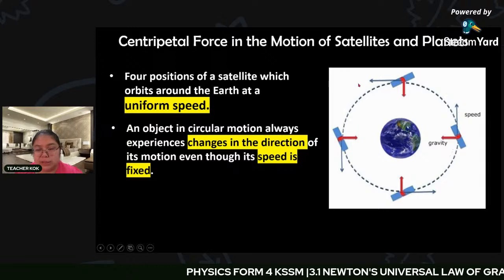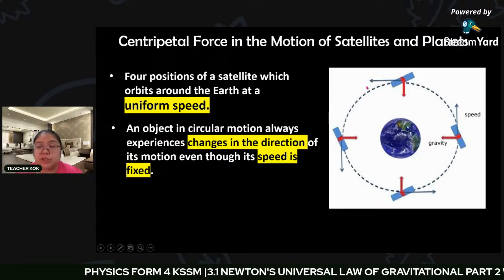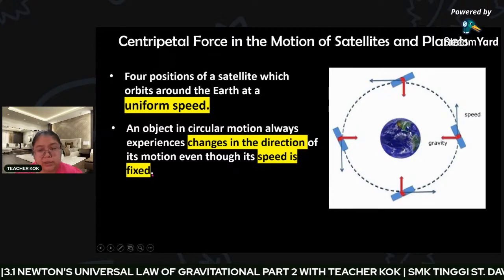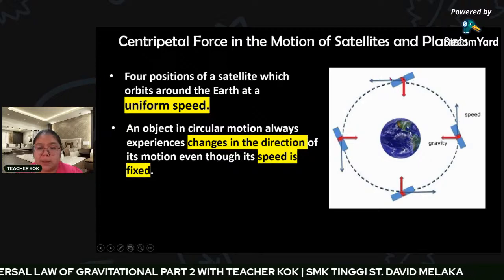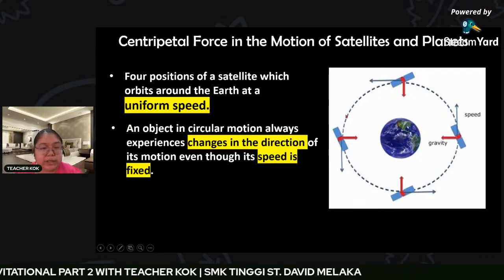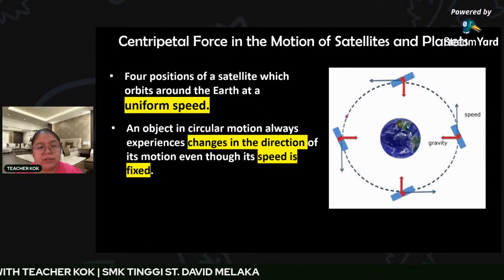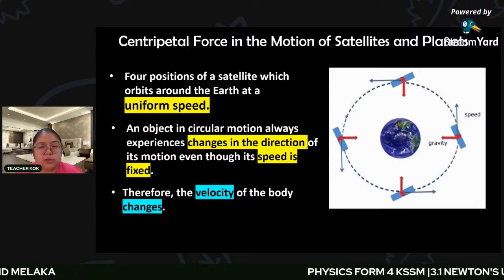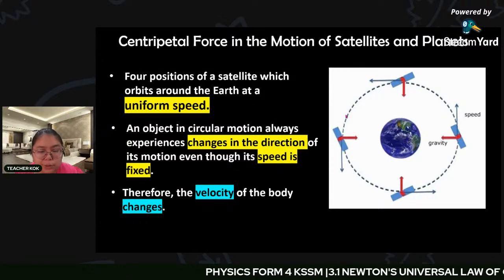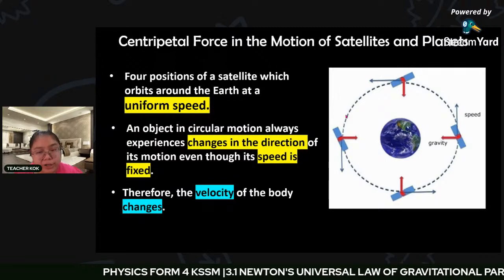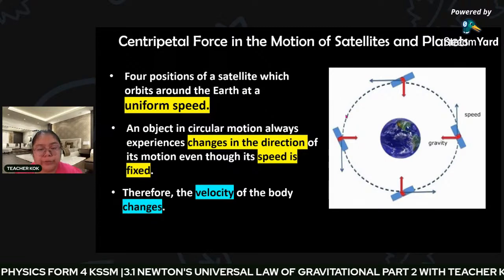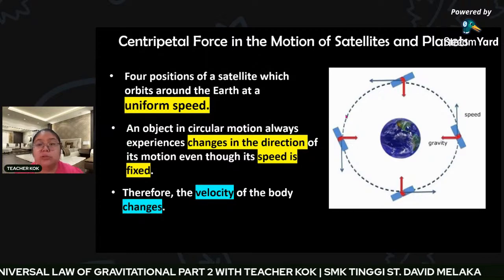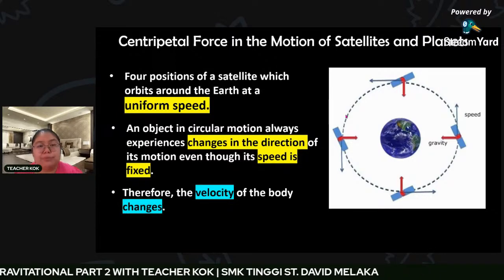Because it is going around, when you move, your direction keeps changing, even though the speed is fixed. When the direction changes, we can conclude the velocity changes. Speed is constant, because speed is only magnitude, but velocity involves direction, is it? So uniform applies only to speed. Velocity cannot be said to be uniform because the direction keeps changing.